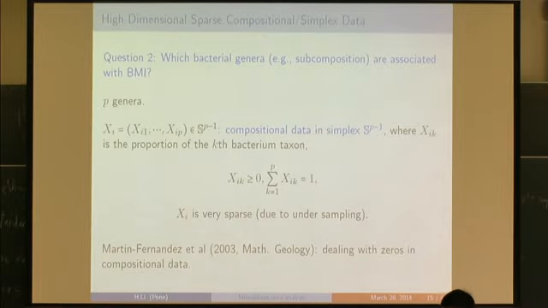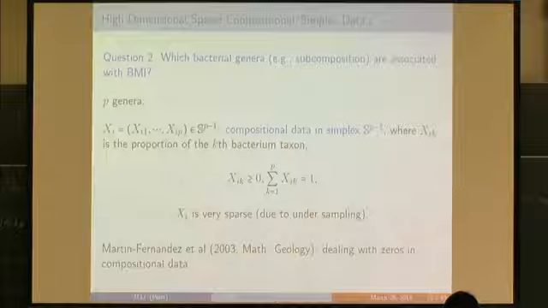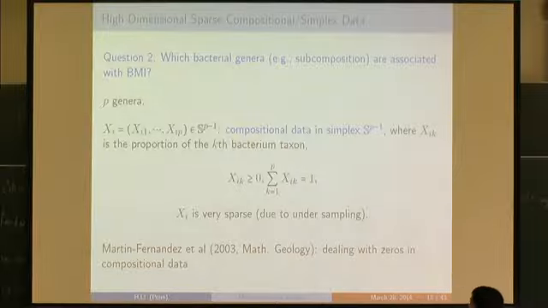Now here's the issue I want to talk about, related to compositional data. Remember, most of the time when you run a program, for example MEGAN or many other programs for species or bacterial quantification, what you get are the proportions, right? They give you a proportion, a composition. So that's what we call compositional data.